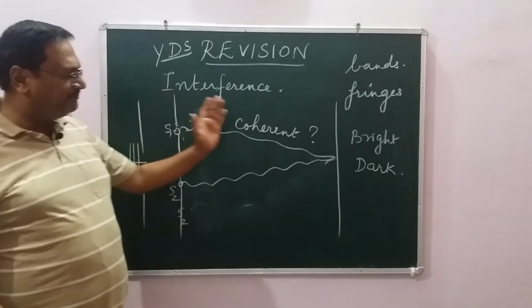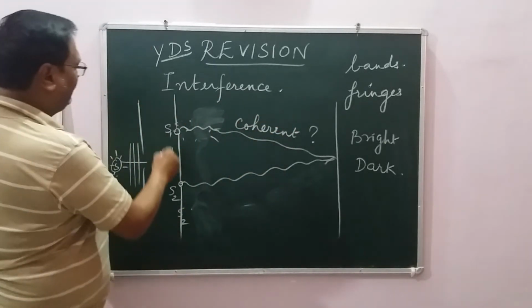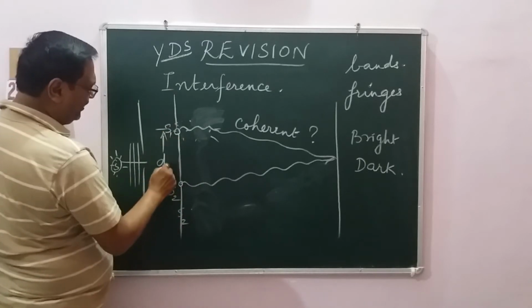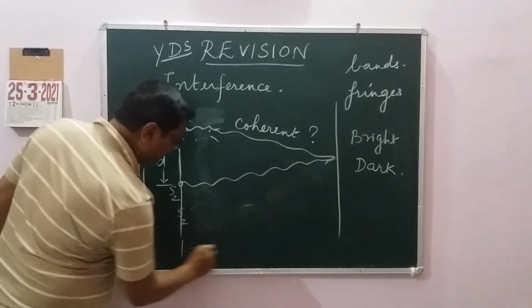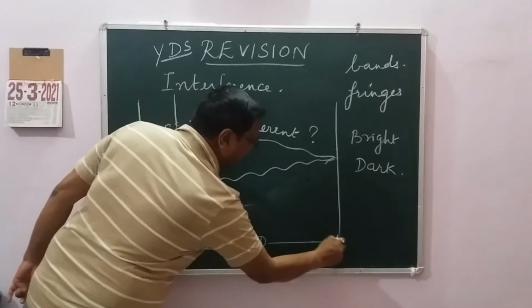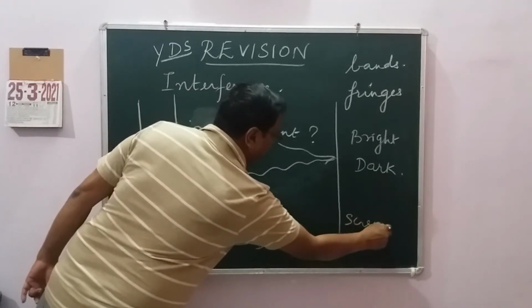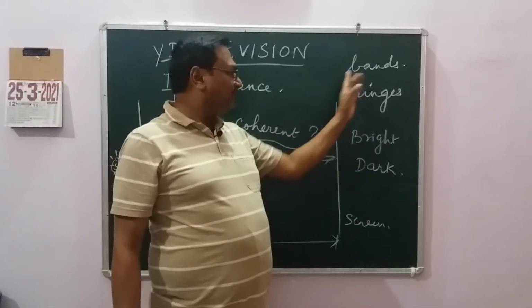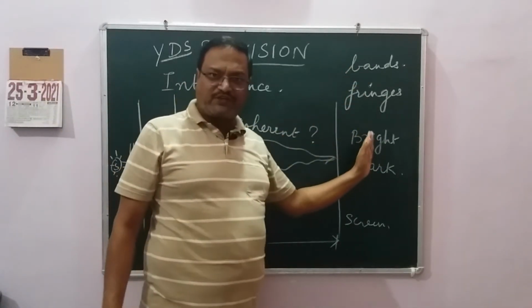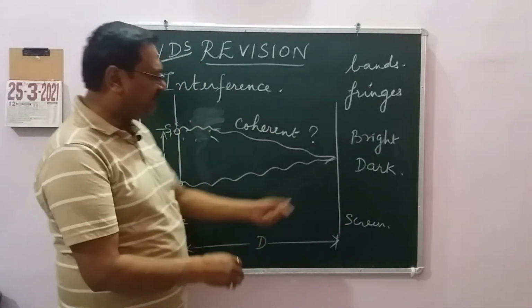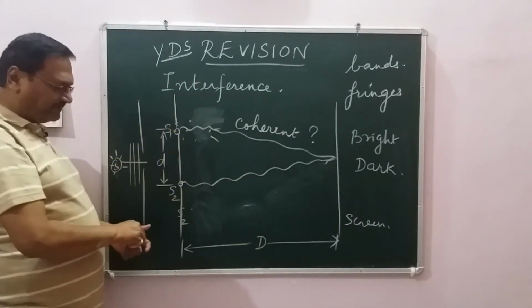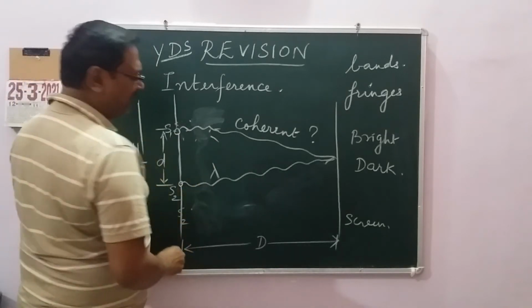This is the basic concept of it, and you can say the distance between these two slits is small d. The distance between the double slit and the screen, on which you get the pattern, where the fringes are being formed, is capital D. So you get an idea, and the wave is having a wavelength lambda.